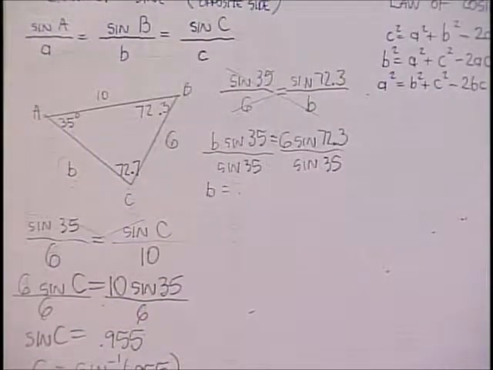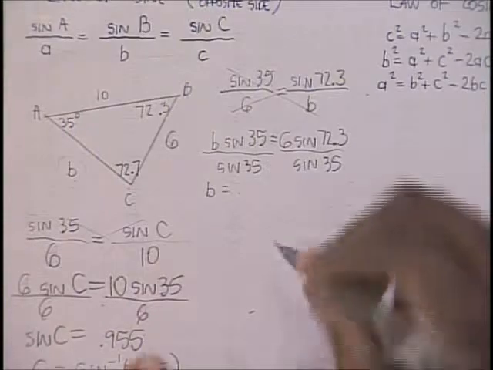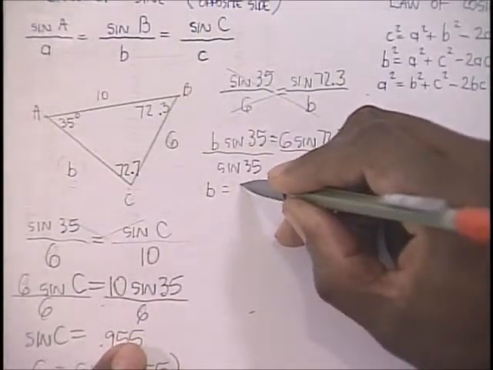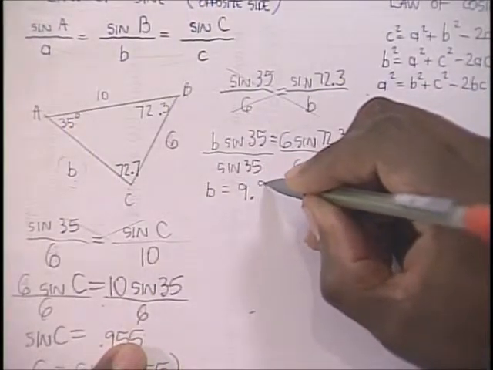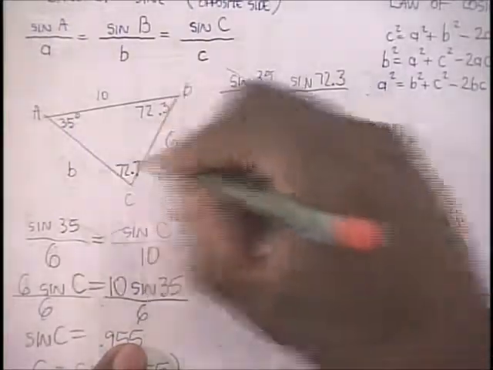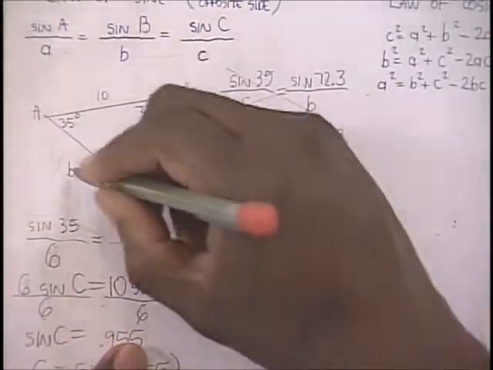So I have 6 times the sine of 72.3, divided by the sine of 35, and we end up with b is equal to 9.97. This b is equal to 9.97.